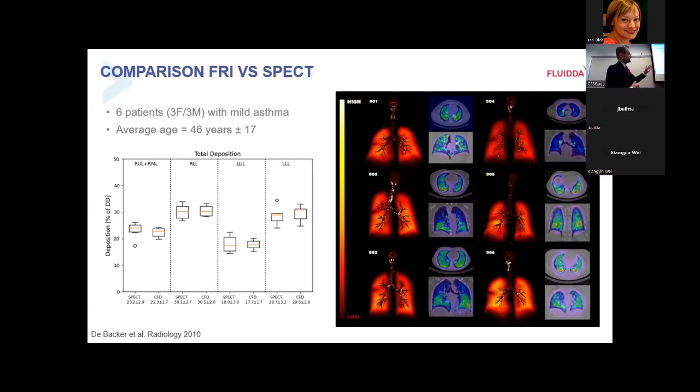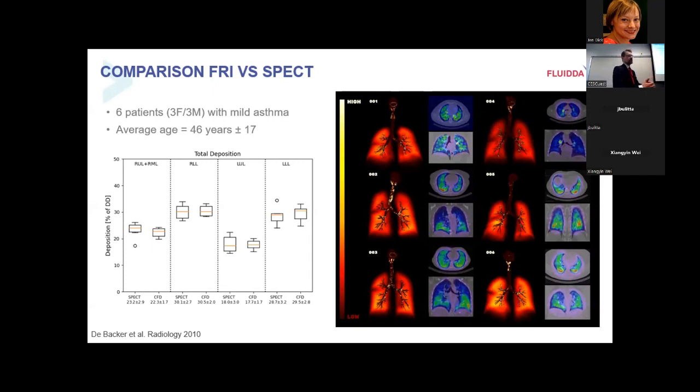And you can see that the correlation is quite good. The agreement is about 1 to 2%. And the reason for such a good agreement is that you indeed include the relevant parameters that drive deposition, that drive particle transport. You have the patient-specific ventilation, you have the patient-specific upper airway geometries.